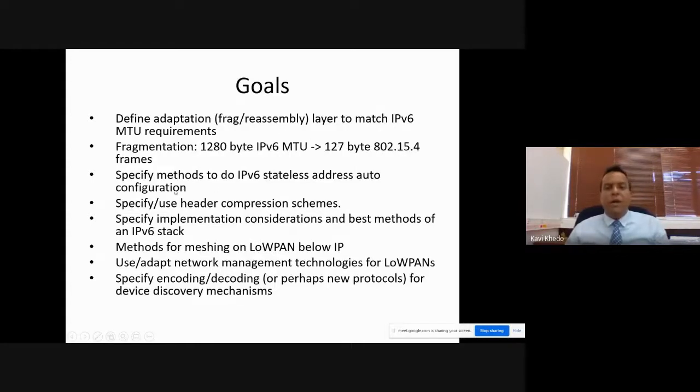Specify methods for IPv6 stateless address autoconfiguration. This is required. Use header compression. Specify implementation context and the best method for the IPv6 stack on this type of network. This is where 6LoWPAN does all this. Adapt network management, and specify encoding and decoding for discovery. So 6LoWPAN should do all this.